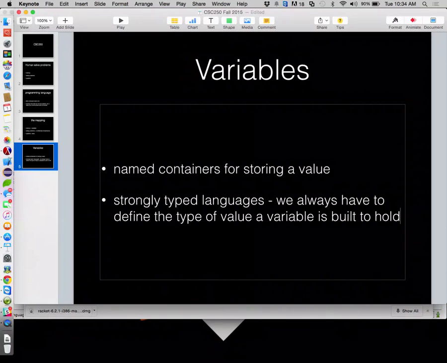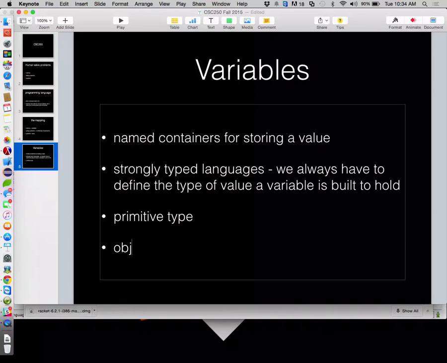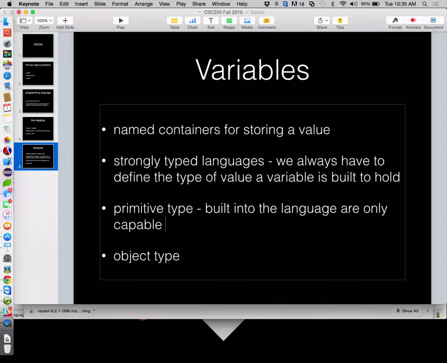Okay? Variables come in two flavors. We have primitive type variables and we have object type variables in Java. Primitive type variables, again, we heard this last semester, are built into the language and are only capable of holding a value.